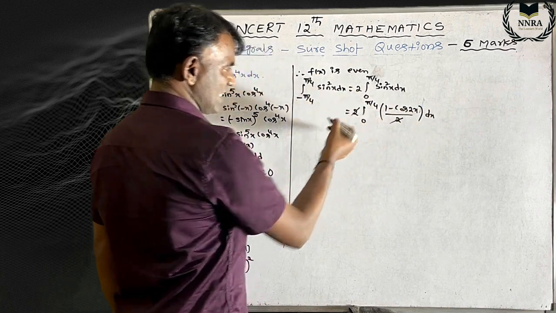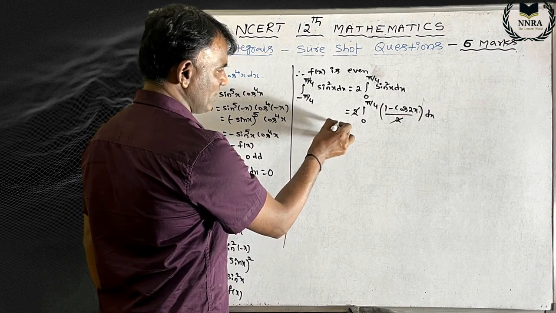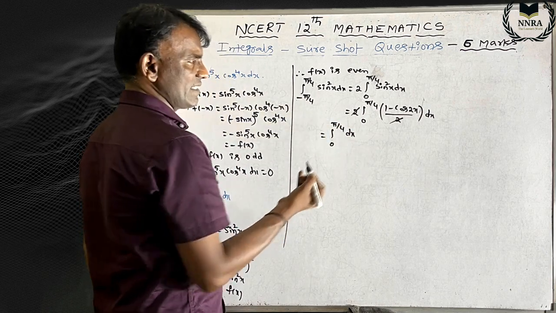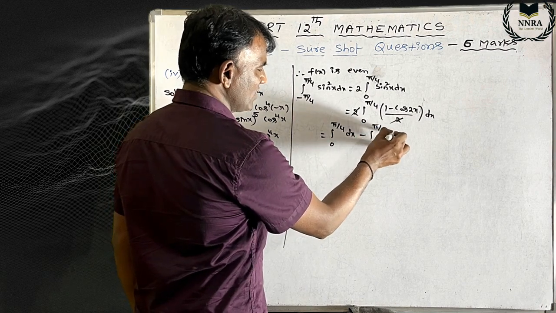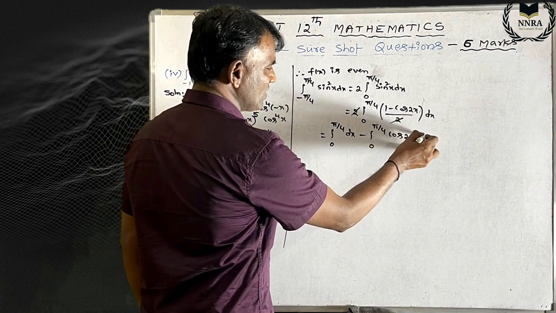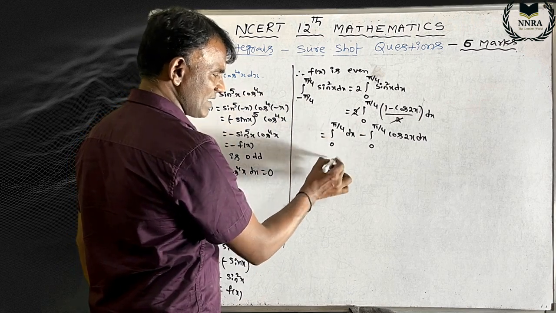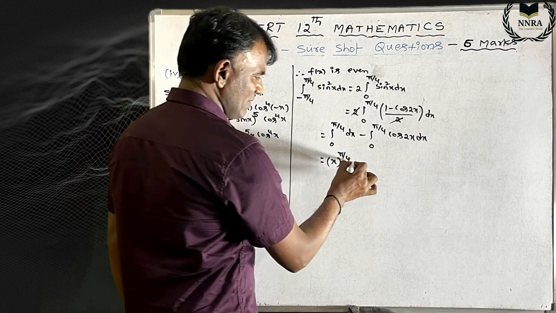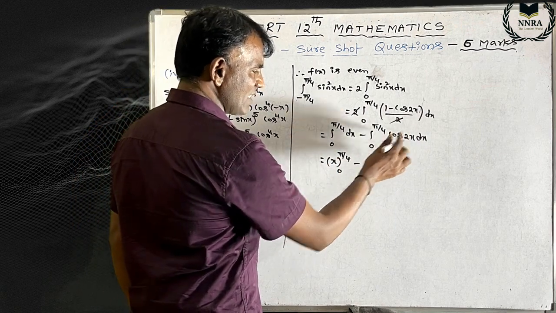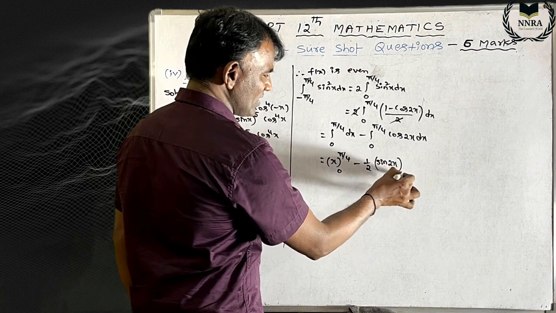Now both get cancelled. Now what is that first integral? 0 to pi by 4, 1 into dx is dx. Second one again 0 to pi by 4, cos 2x into dx. So 0 to pi by 4 dx, integral dx means x, 0 to pi by 4, minus integral cos ax dx, 1 by a sin ax, again 0 to pi by 4.